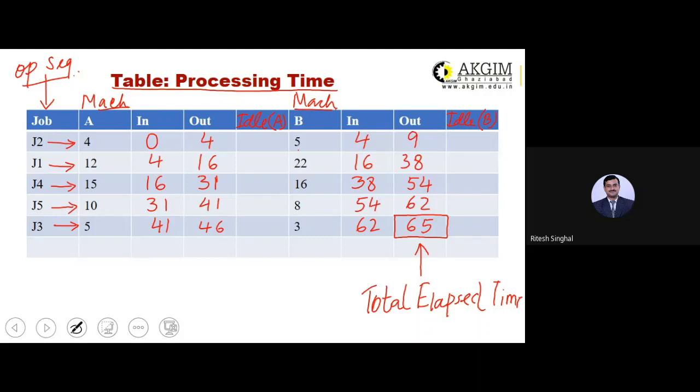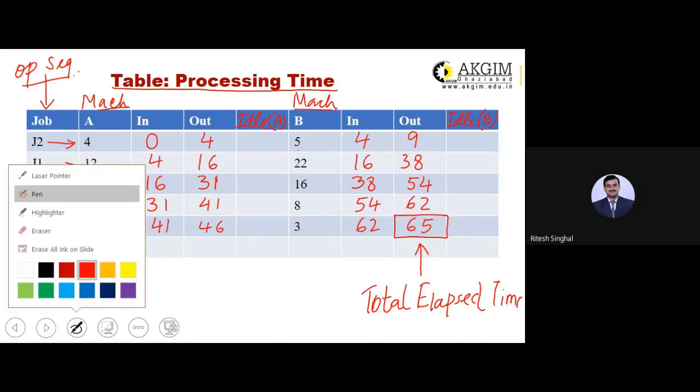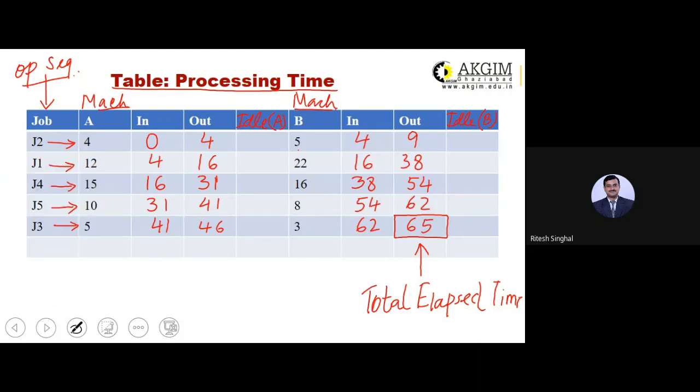So now the next step is to find the idle time for machine A as well as for machine B. I told you earlier that idle time is the time whenever a machine is doing nothing.